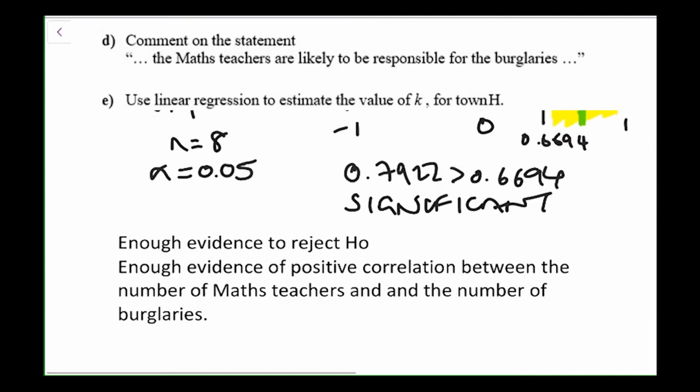We're then asked in part D to comment on the statement, the maths teachers are likely to be responsible for the burglaries. Some people may come to that conclusion, but actually we don't have evidence of that. All we know is that where there are more maths teachers, there are more burglaries. It doesn't mean that the maths teachers are causing or committing those burglaries. There may well be a different factor that is connecting them.